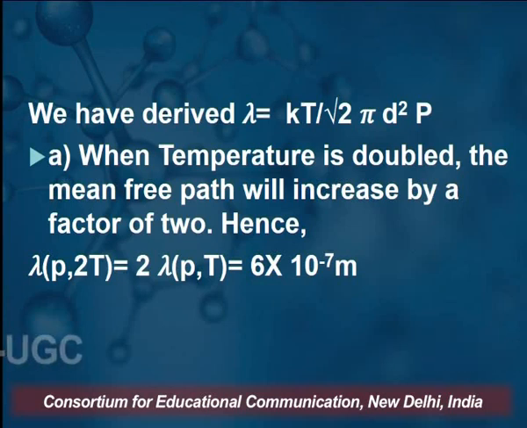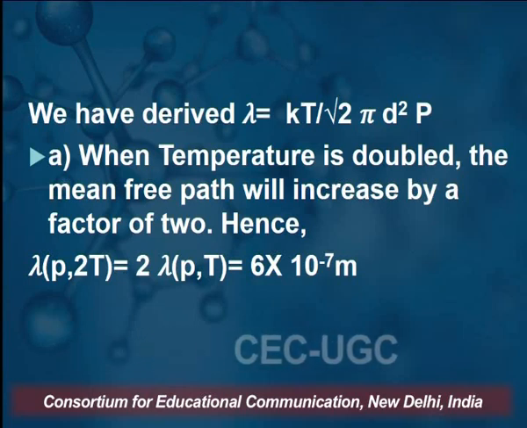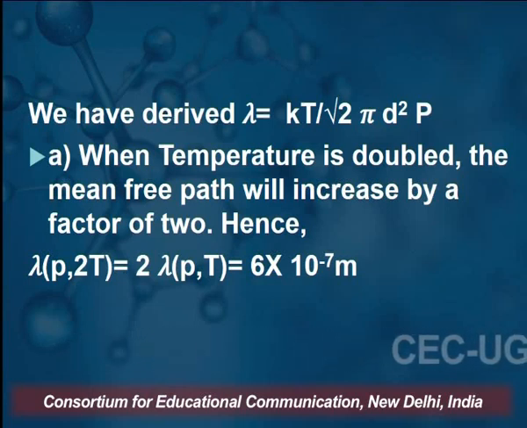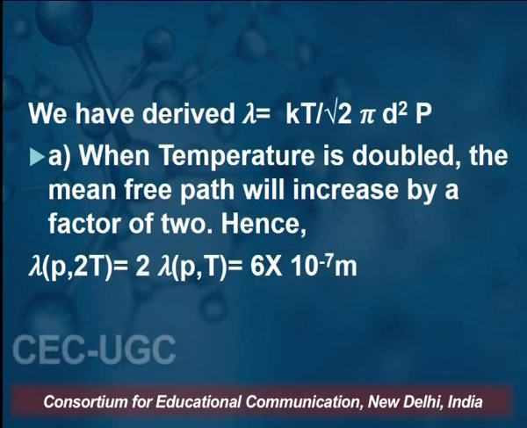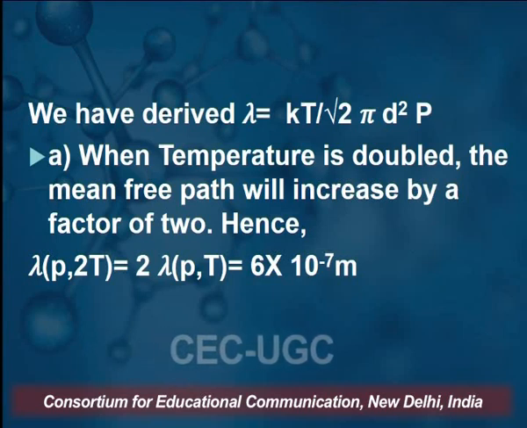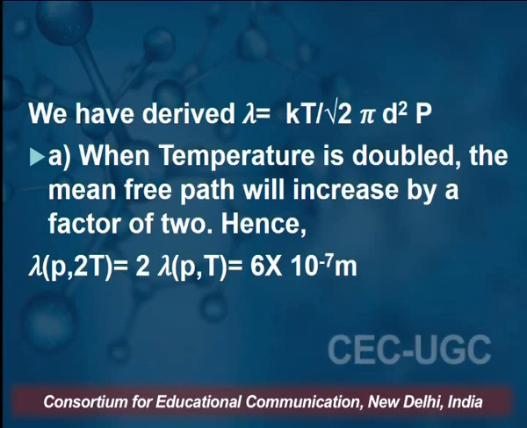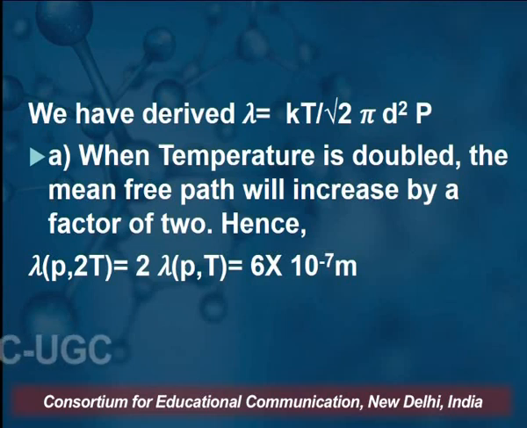It is not lambda into p into 2T. It is simply written as that lambda is considered when pressure is taken as p and temperature is taken as 2T. This is equal to 2 times lambda(p, T) if we see the expression above.